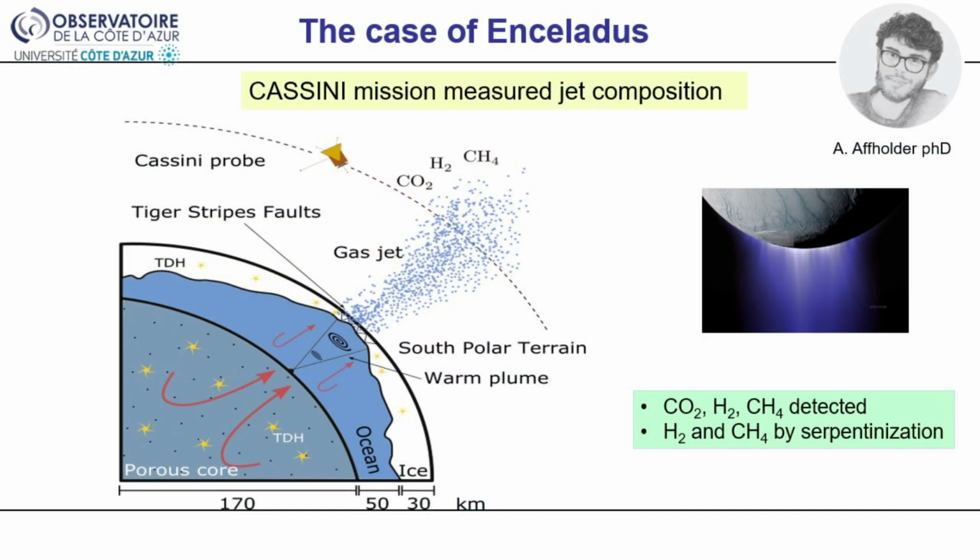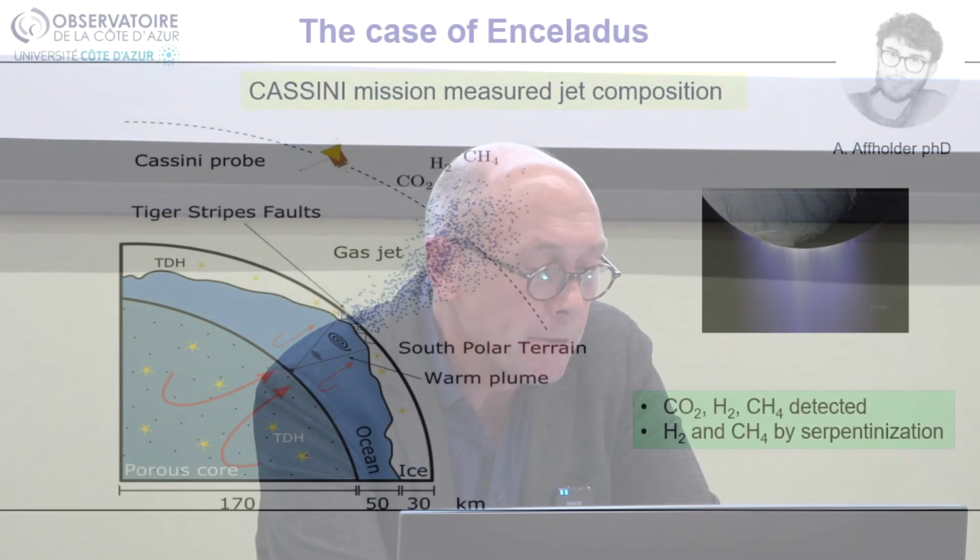And the Cassini mission had a small probe that went through the plume and measured the concentration of CO2, H2O, methane. So you have measurements and you have the ratio of those different concentrations.